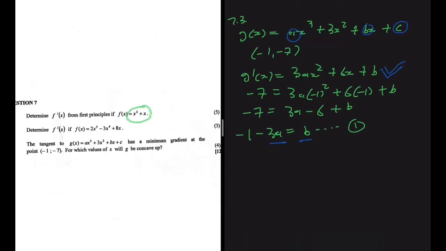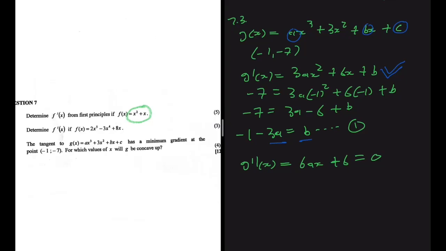Let me show you what I'm talking about. So g double prime of x, if we differentiate that, will be 6ax plus 6 equals 0, right? That's where the minimum gradient is. Minimum gradient is where this equals 0.